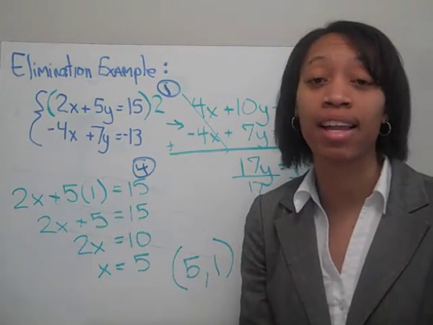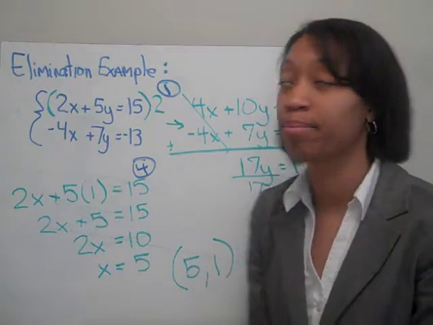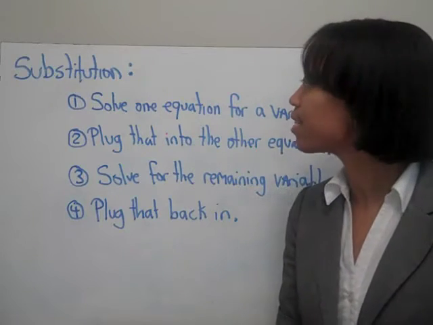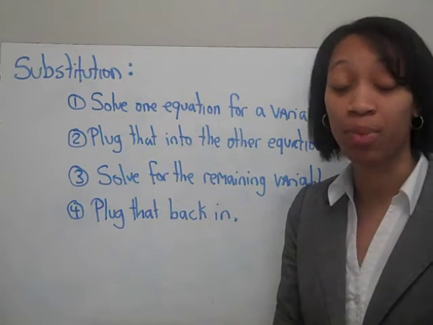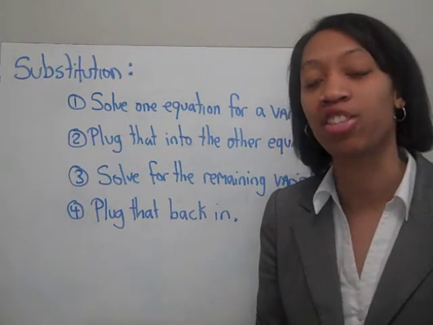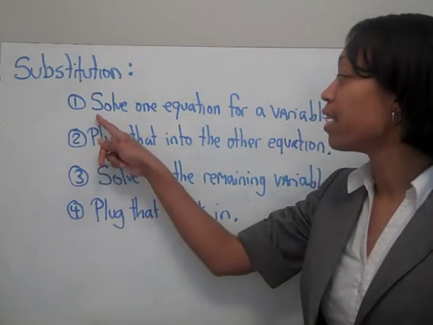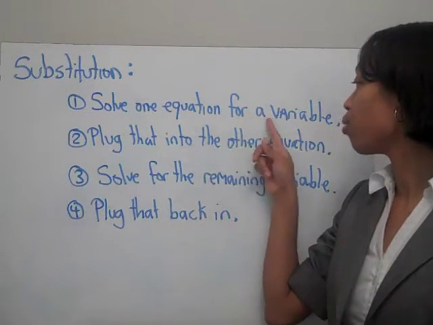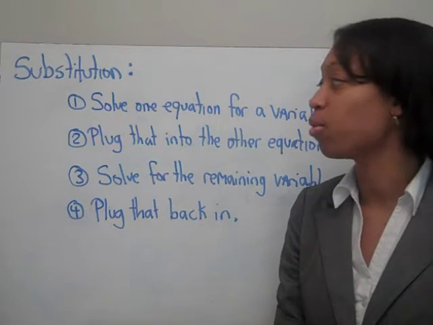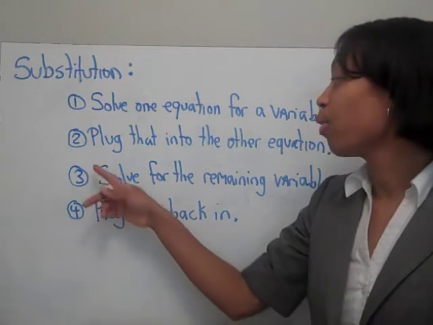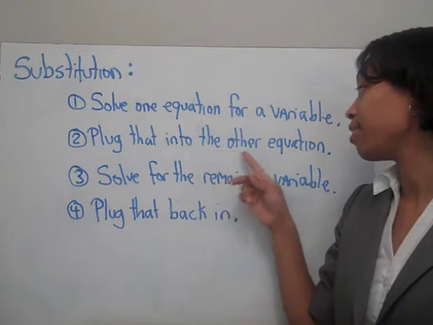Alright, let's look at substitution next. Okay, so when we're doing substitution, we start with the same kind of thing, two equations. We have to take one of them, and the first step is to solve one equation for a variable, x or y, whichever one, solve for one variable. Then you're going to plug that into the other equation.